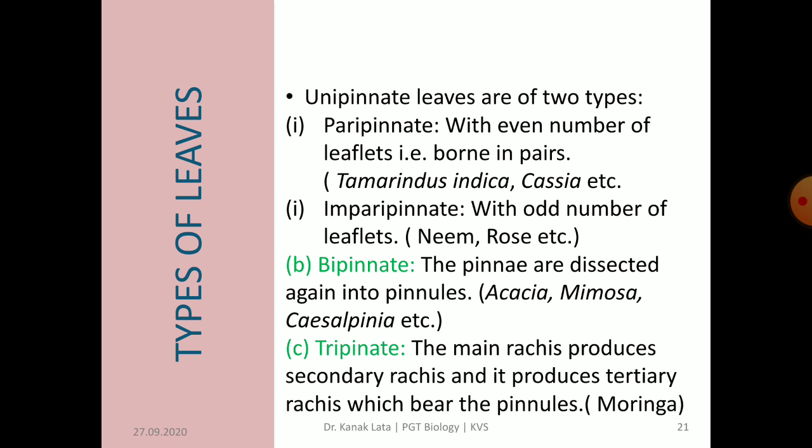In case of bipinnate, the pinnae are dissected again into pinnules, as in acacia, mimosa and caesalpinia. In tripinnate, the main rachis produces a secondary rachis and it produces a tertiary rachis that bears the pinnules. For example, it is observed in moringa.